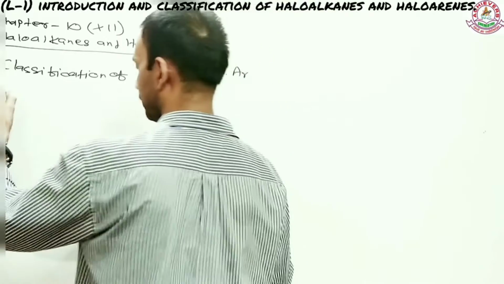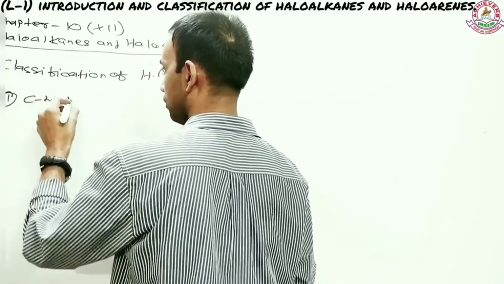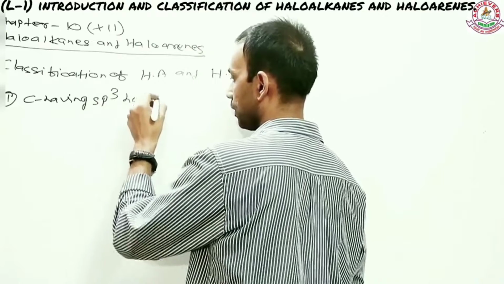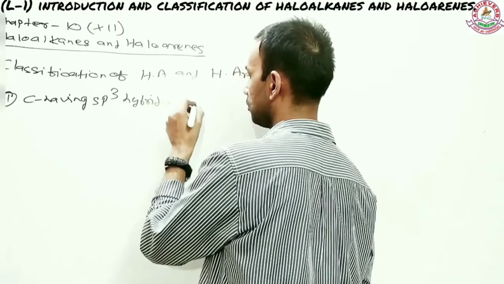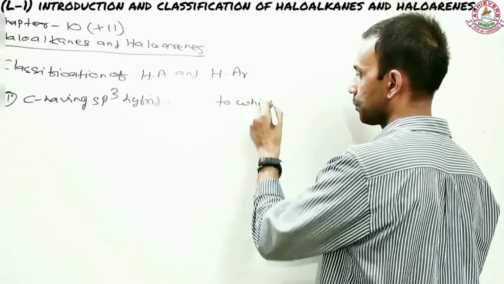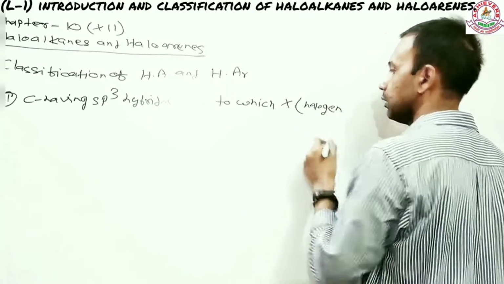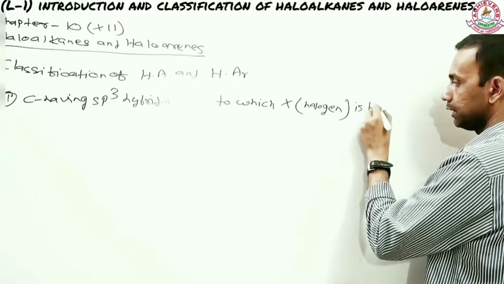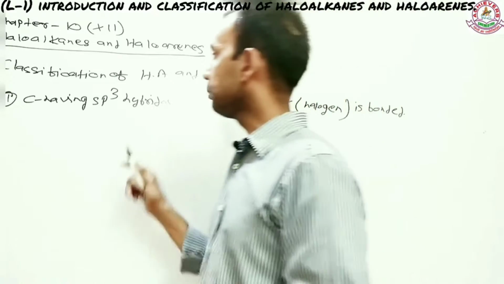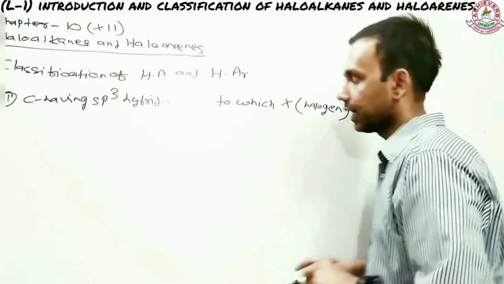The first one is the carbon having sp3 hybridization to which the halogen is bonded. So the first level of classification says that if the carbon, especially the carbon to which the halogen is bonded, has sp3 hybridization, then we can classify the first one.